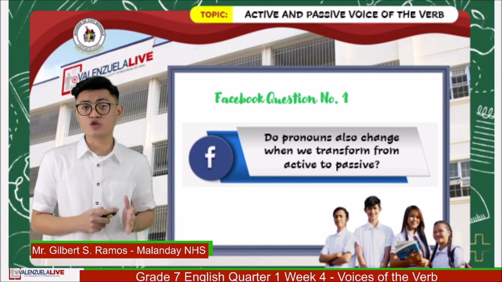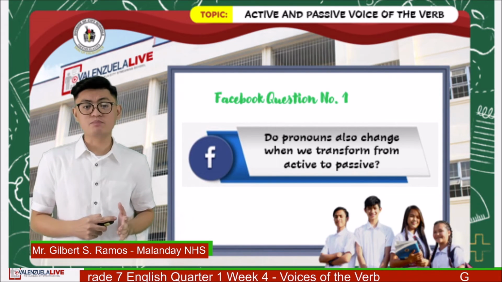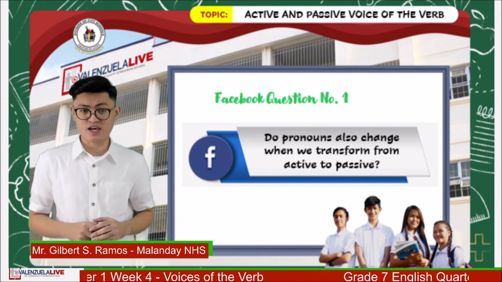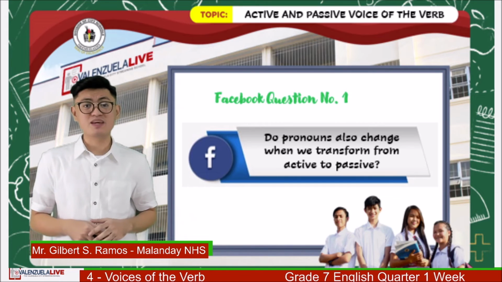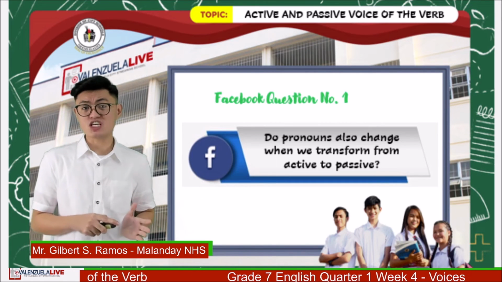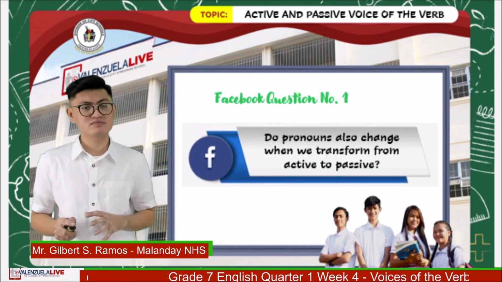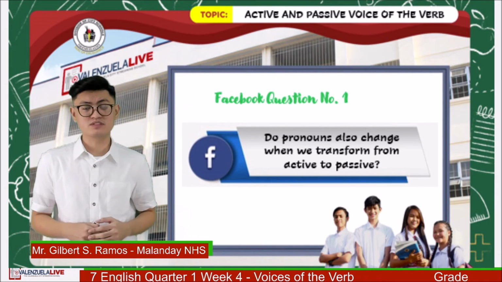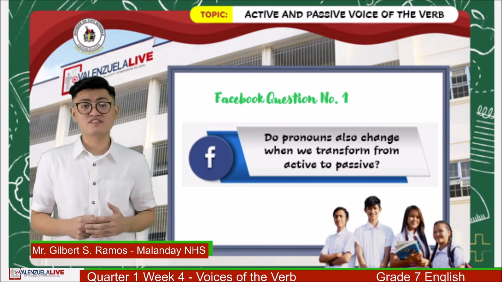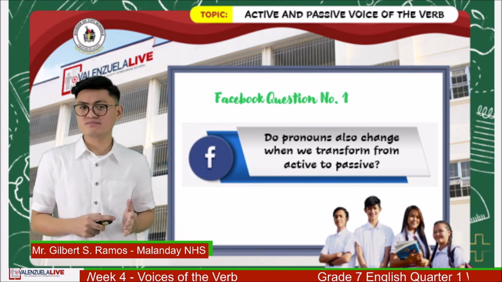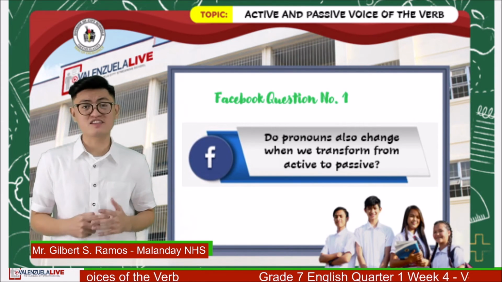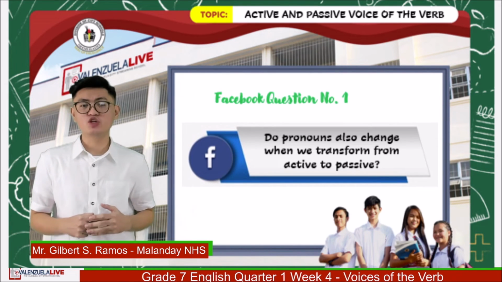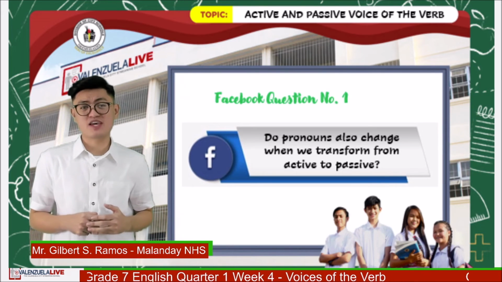The pronoun you as a subject can still be you if used as an object. He becomes him, she becomes her, it is also the same as it as an object, we becomes us, you is also the same when you use it as an object, and they becomes them used as an object.